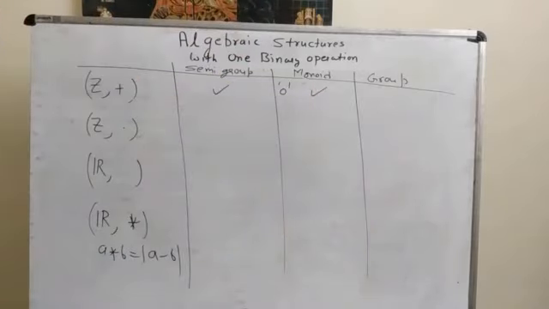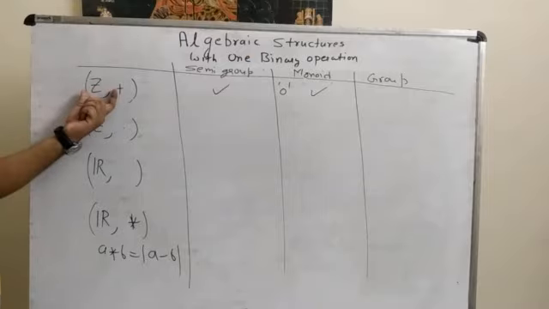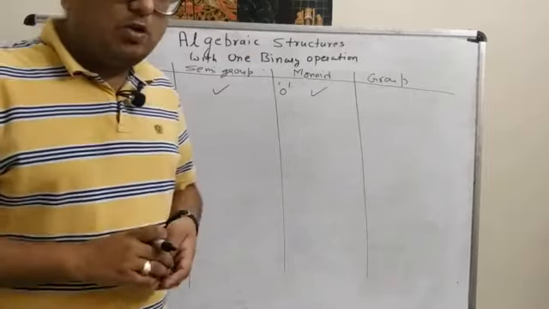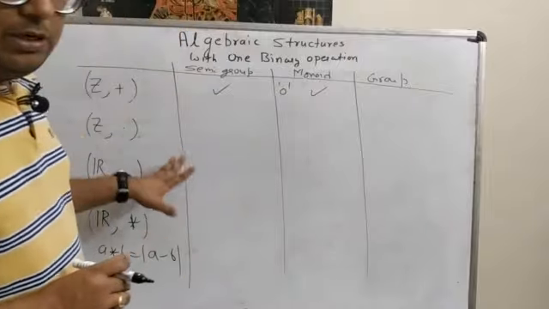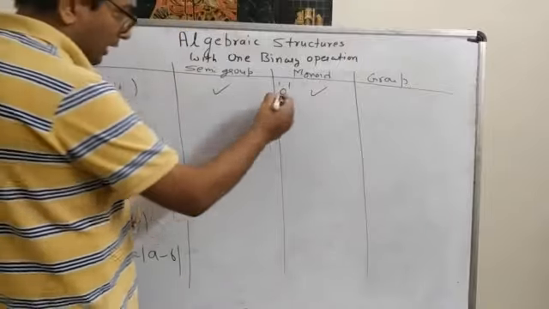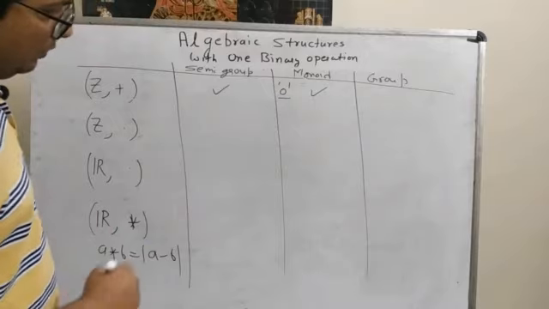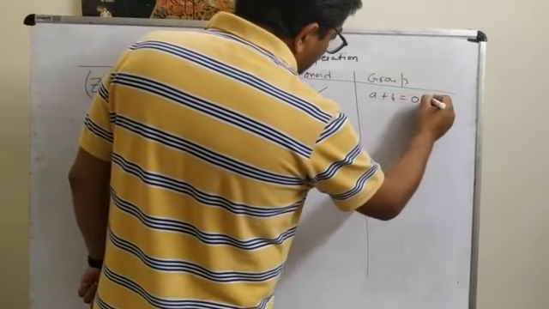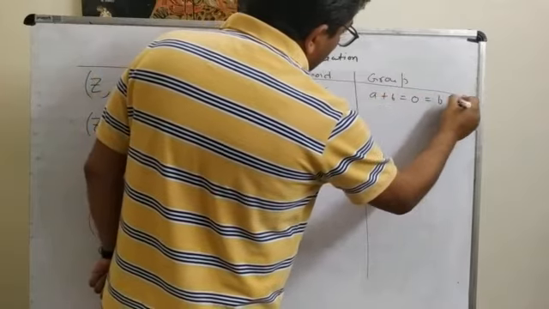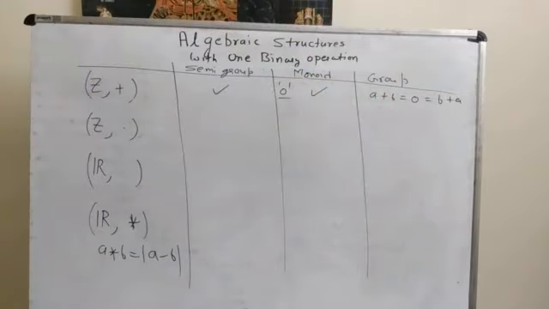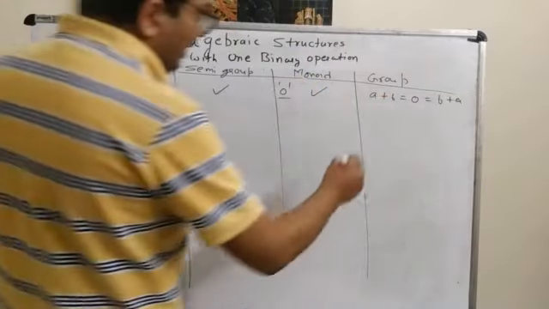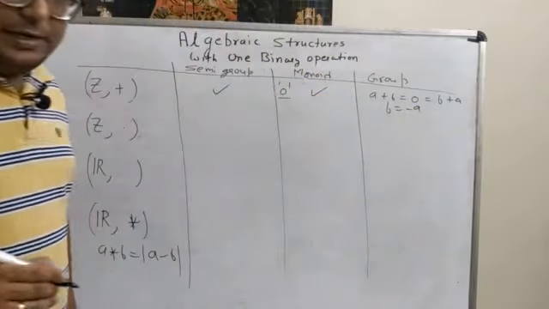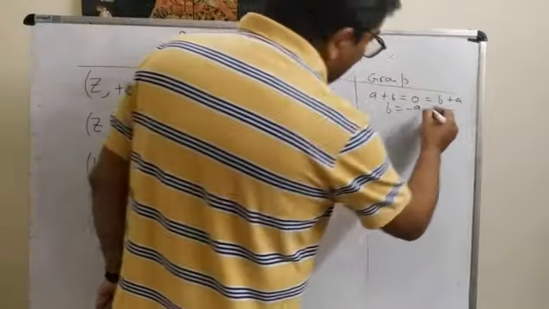Now let us check whether it is a group or not. To check for group, we have to see whether every element of G has an inverse element or not. We know that the identity element is 0. So if A is an element, then B is the inverse of that element if A plus B is equal to 0, which is equal to B plus A. From here we find that B is equal to minus A, and since A is an integer, the negative of an integer is again an integer.